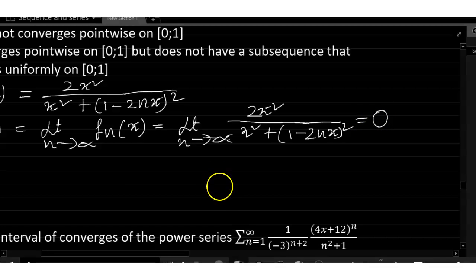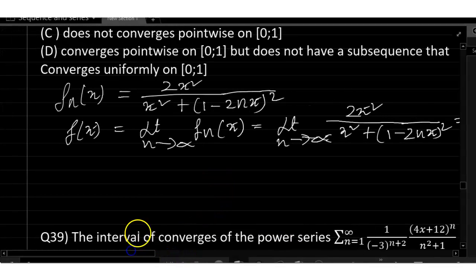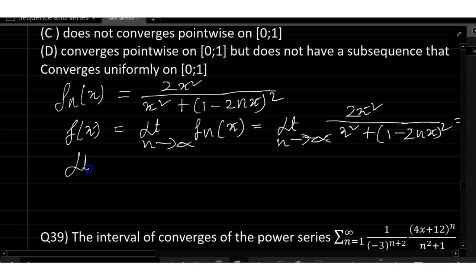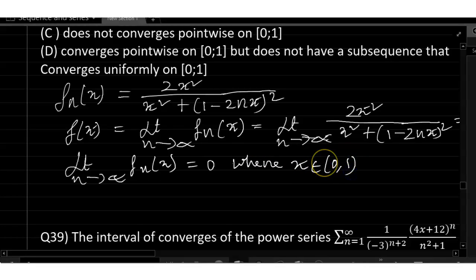So f(x) is 0. As the limit as n tends to infinity of f_n(x) equals 0 where x belongs to 0,1 pointwise, it is pointwise convergent.